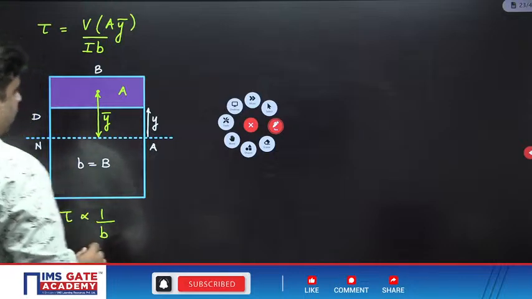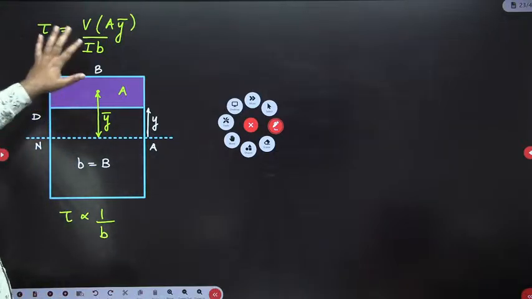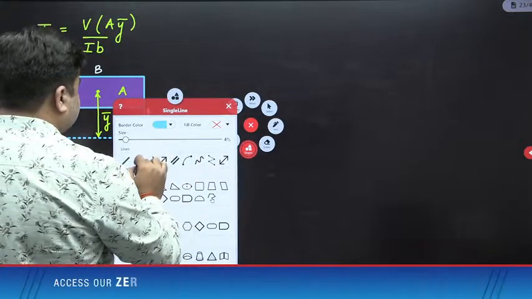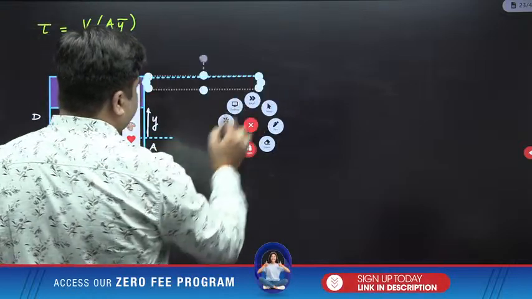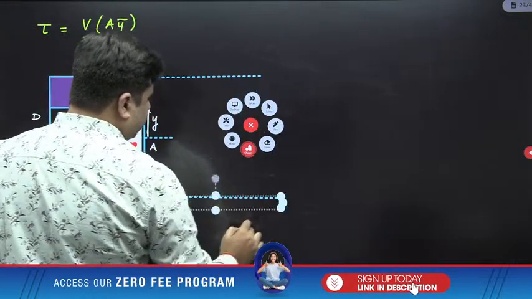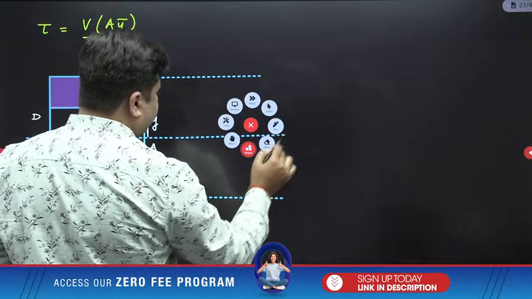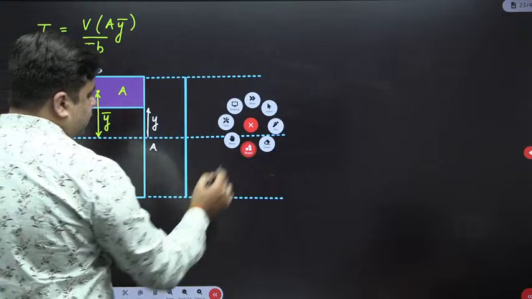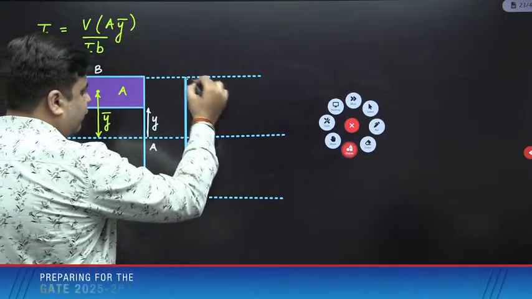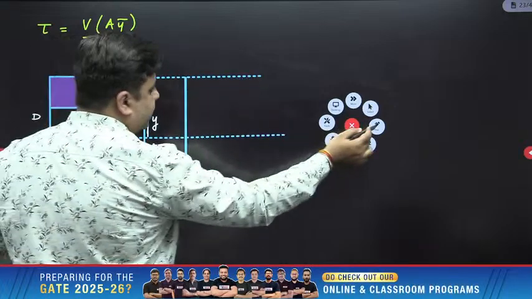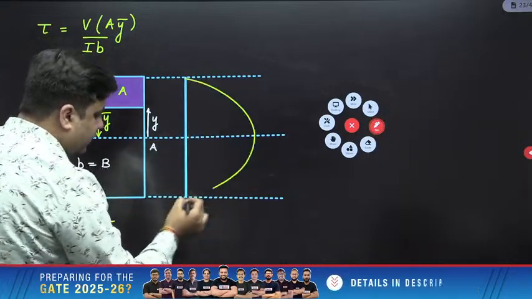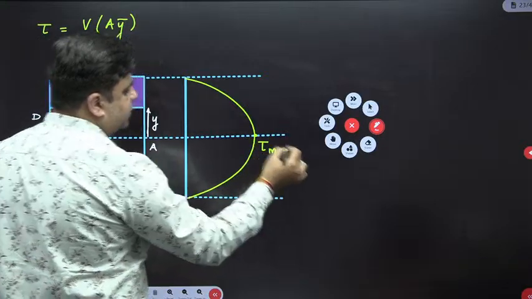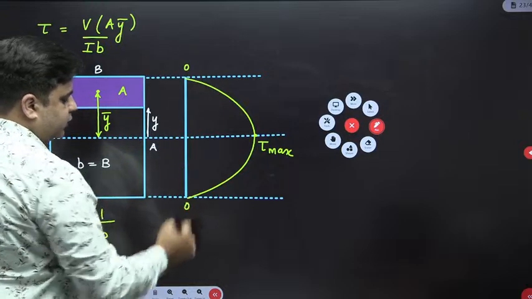We are talking about the shear stress, right? Shear stress for a rectangular cross section varies parabolically, and on the extreme fibers the value of shear stress will be 0. The maximum shear stress that we will get is at the neutral axis. So this is the variation of shear stress, and you will have maximum shear stress at the neutral axis, and on the extreme fibers the value will be 0.